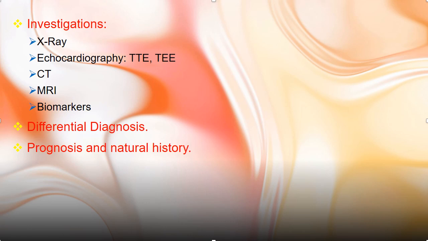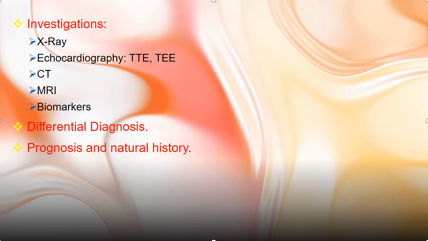They definitely can diagnose cases with aortic aneurysm, and we can also measure the diameter of the aorta, which is very important in the management of aortic aneurysm. They can also detect complications such as thrombus and dissection. We can also do biomarkers in most cases, and we can find elevated D-dimer if there is an aortic aneurysm.